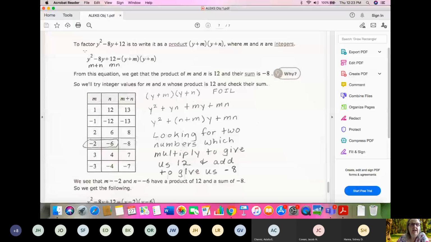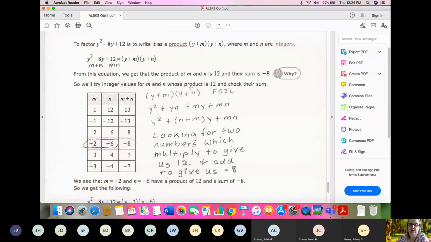Why 12? Because you're looking for two numbers that multiply together to give you the numbers on the outside multiplied together. In this situation, we have 1 times 12. Those are the outside numbers. -8 is the inside number.